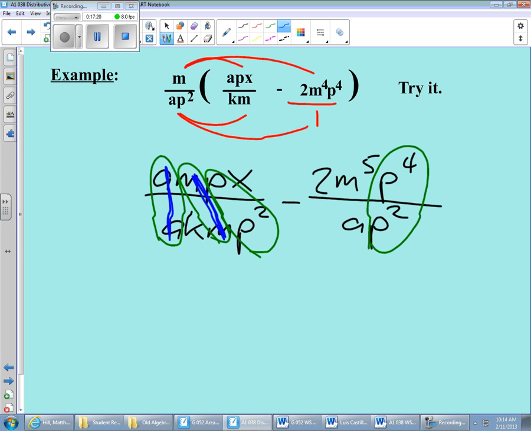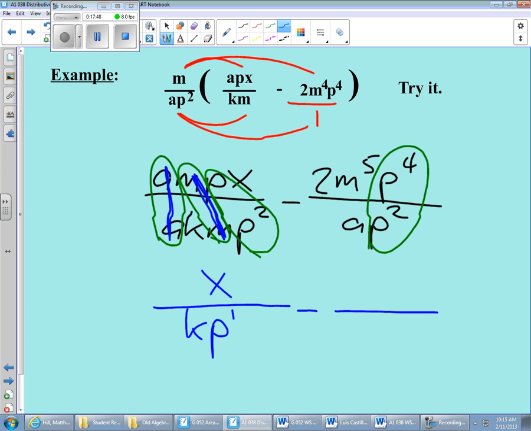So if we got p to the negative 1 in the numerator, then that is telling us it needs to be in the denominator. So what we will end up with is a p to the first in the denominator. Everything else didn't seem to have anybody to cancel with, which would leave us the x still sitting in the numerator, and the k in the denominator didn't have anybody to combine with, so there it is.